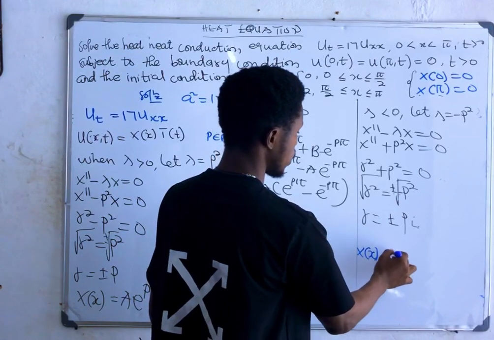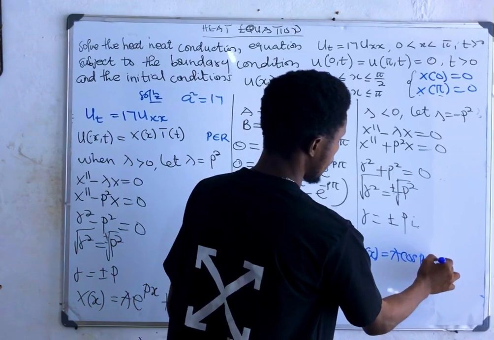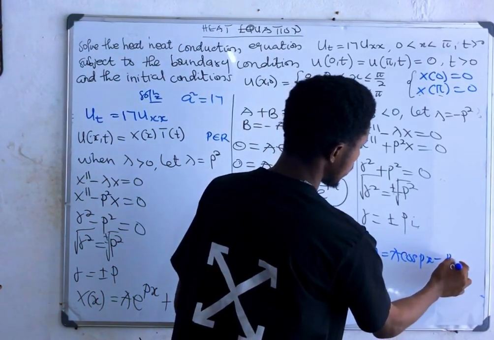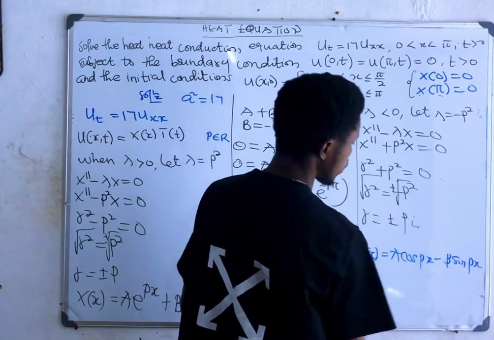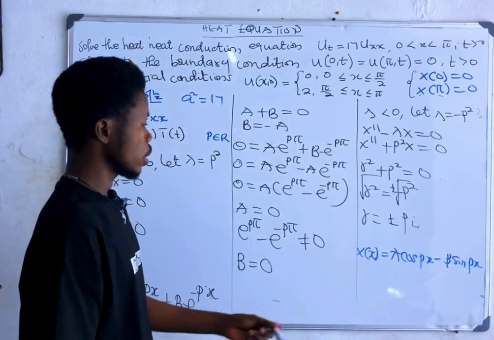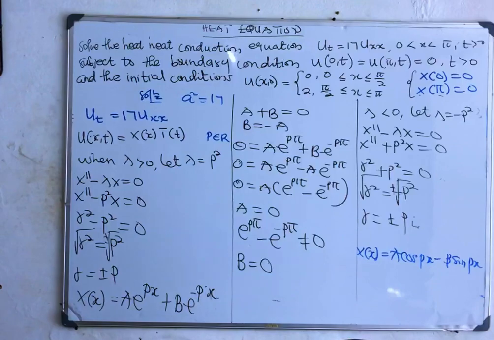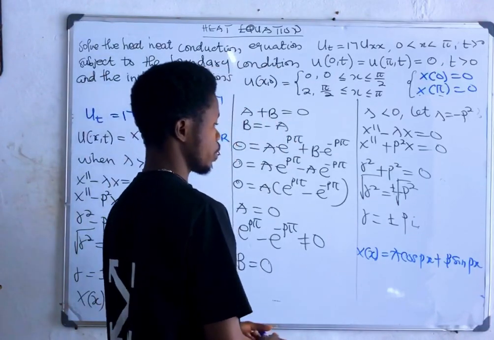Let's say A cos px plus B sine px. So this is how this one is going to give it to you. Is that okay? Please, this side will be plus. Okay, here will be plus.